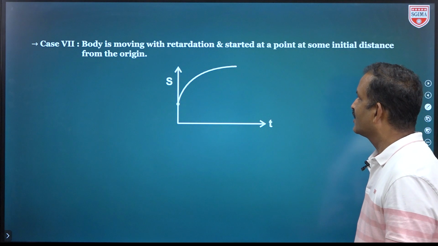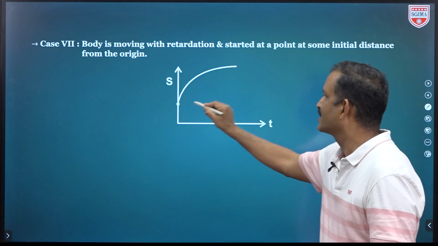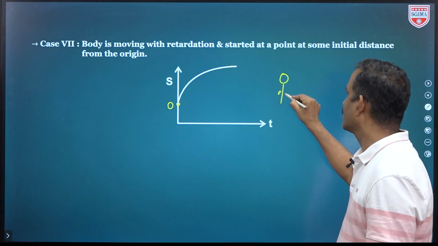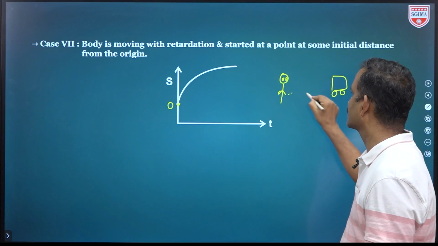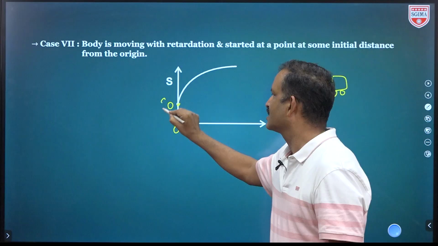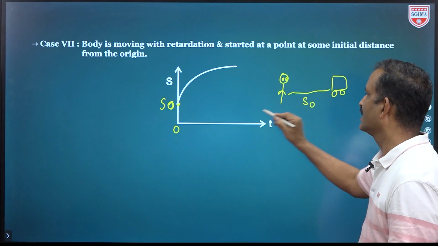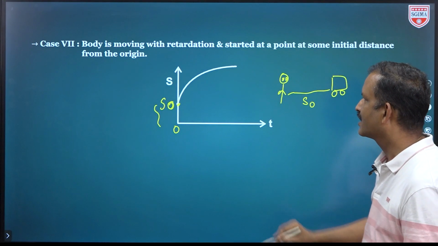The body is moving with retardation and starting at a point at some initial distance from the origin. This is the origin, that means the point of observation is here. The body started from this S0. Initially, at t equal to 0, it has some S0, but retardation.